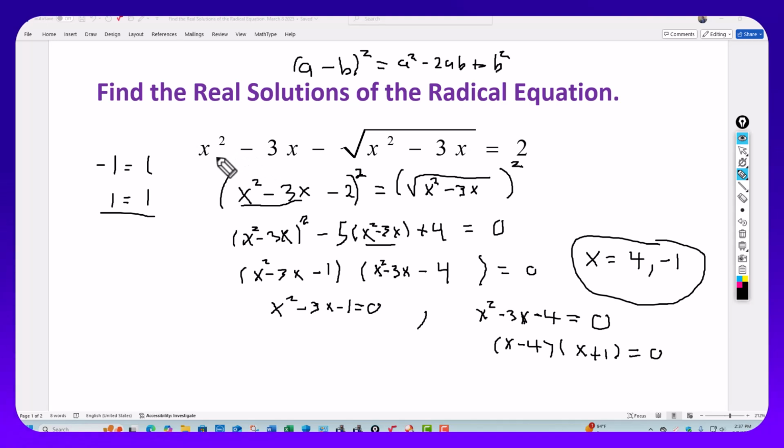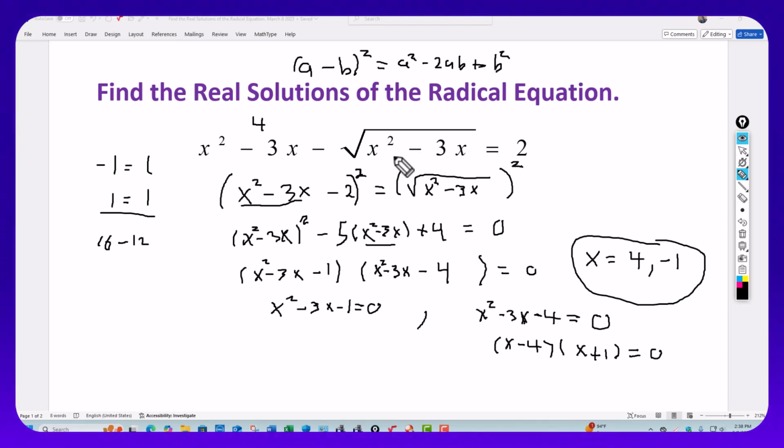So let's go back to the original equation here. Put a 4 there, as 4 squared is 16. Then put a 4 here for the x, that's 4 times minus 3, which is a minus 12. This is 4 right here.